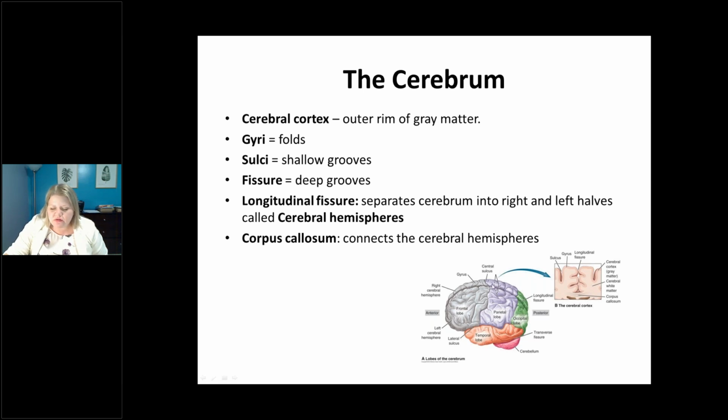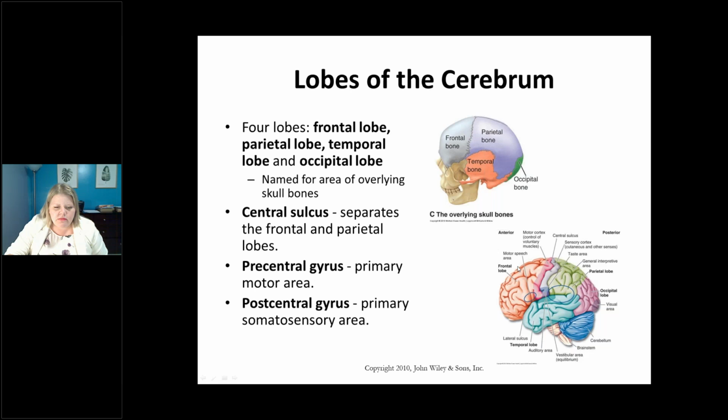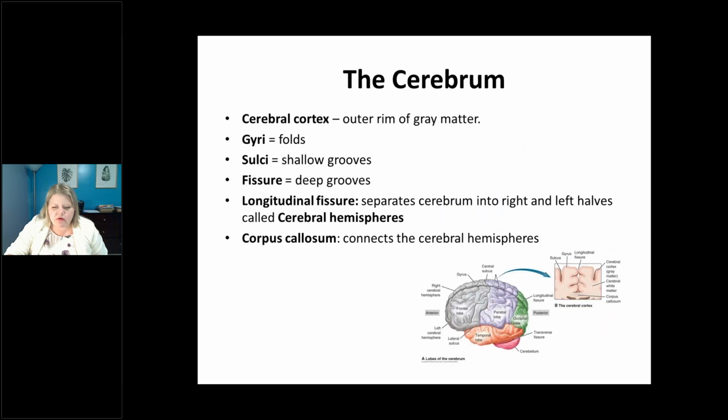The longitudinal fissure is what separates the right and the left halves of the cerebrum, and we call those cerebral hemispheres. The corpus callosum connects these two cerebral hemispheres, and you can see it just at the base of this photo here, connecting the two. We'll talk about it.